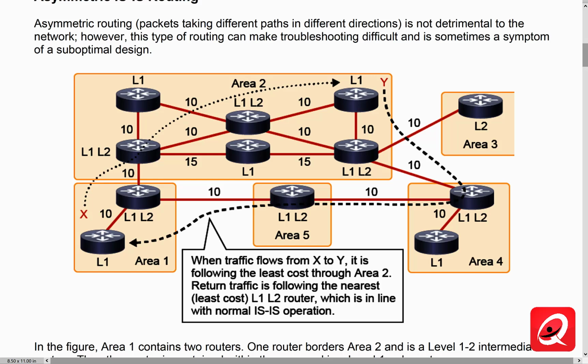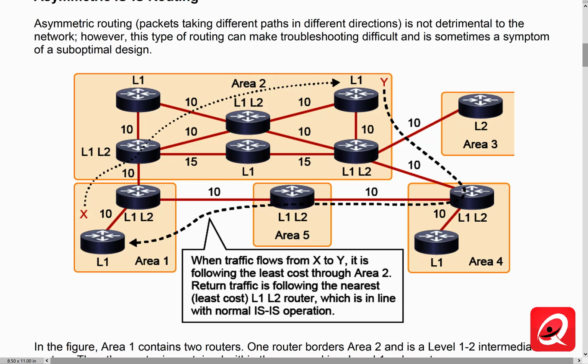All right. Area 3 contains one router that borders Area 2 and Area 4, but it has no intra-area neighbors. If you look at Area 3, the diagram is kind of cut off there, but it just has an L2 router.